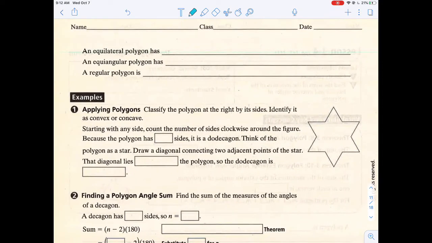Okay, couple more terms here. We've got an equilateral polygon has all sides congruent. Remember, an equilateral triangle had all the same length sides. Equilateral means all the sides are the same. An equiangular polygon has all angles congruent.